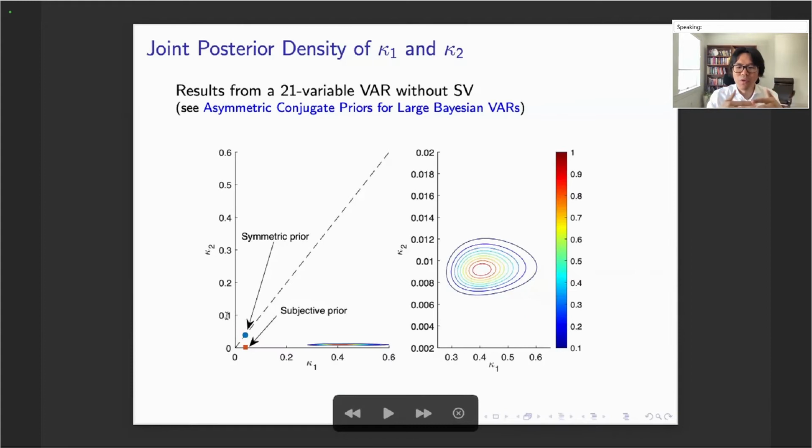But the point I want to make is that none of these alternatives is anywhere near the high density region. So empirically, we found some evidence that the two key features I mentioned are important. One is cross-variable shrinkage. The other is to estimate the hyperparameters.